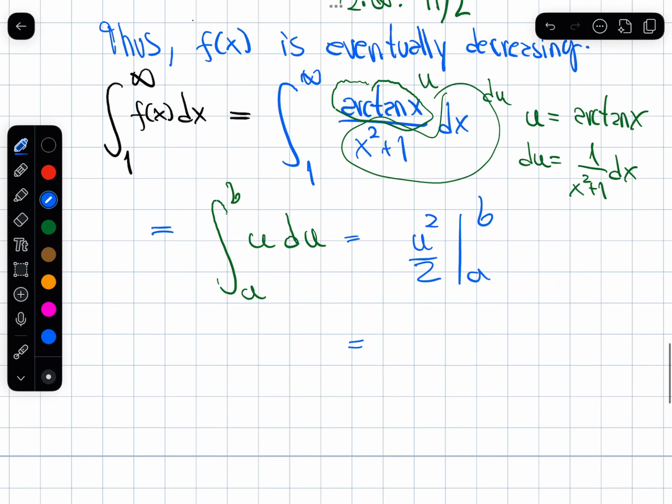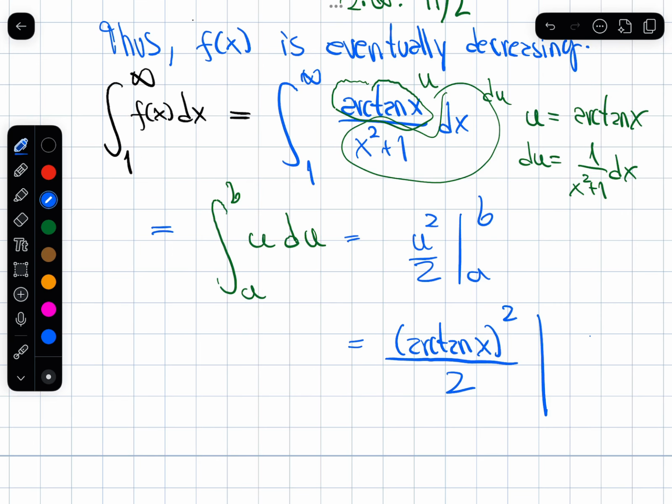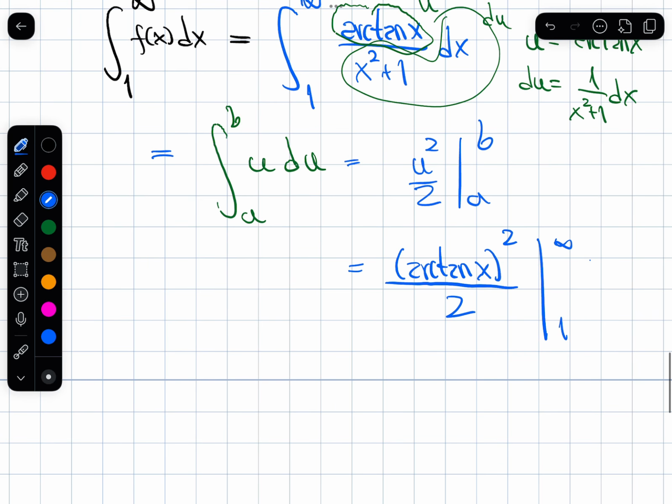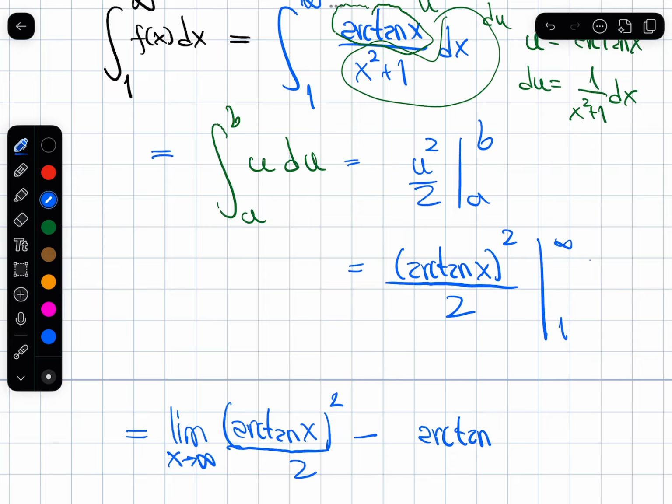And u was arctangent, so this is arctangent x squared over 2 from 1 to infinity. So then I got to plug in infinity, and that means take a limit. And then minus, plug in 1, and that just means plug in 1 as a number.